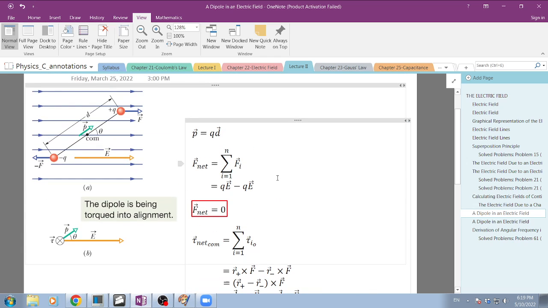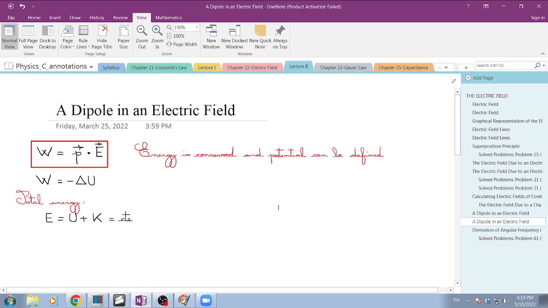When you put a dipole inside an electrical field, it's going to rotate, and it's not any kind of arbitrary rotation. It's going to be a very particular rotation that is going to be periodic.